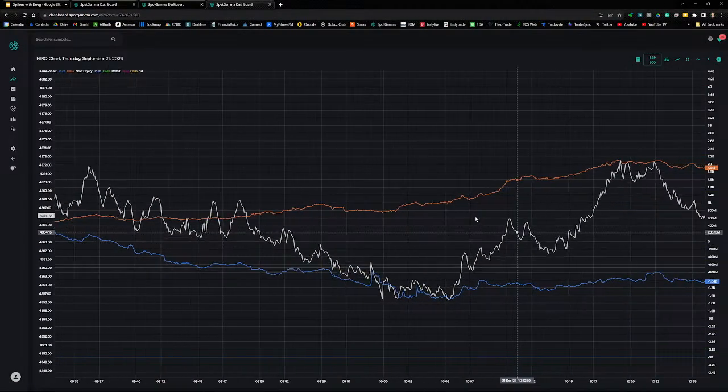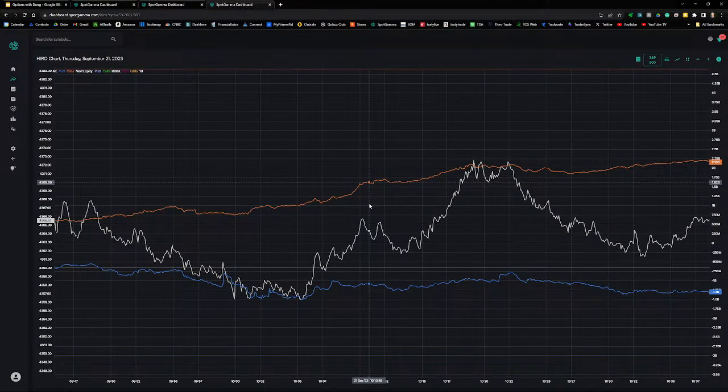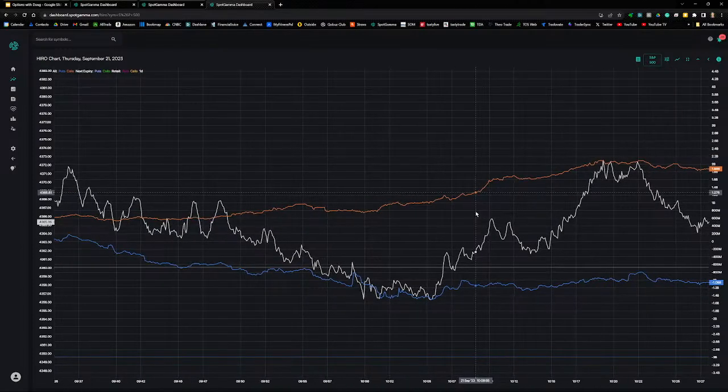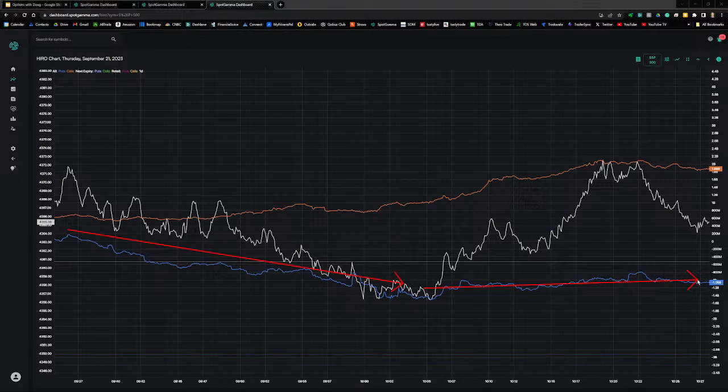I'm going to scroll over to the left here. All right, so here we go. We know from the open, traders were buying puts. Right around 10 o'clock, they took their foot off the gas. The put line levels off, and they shifted. They started buying calls.